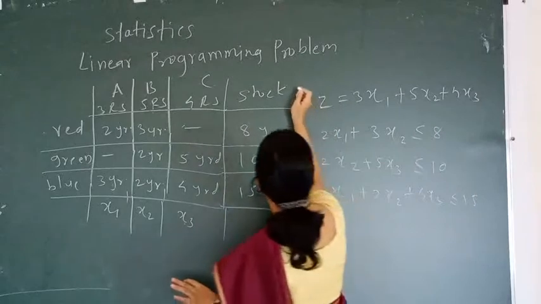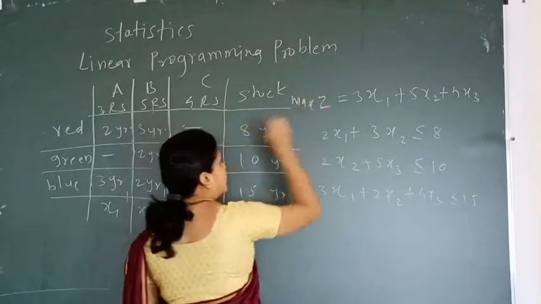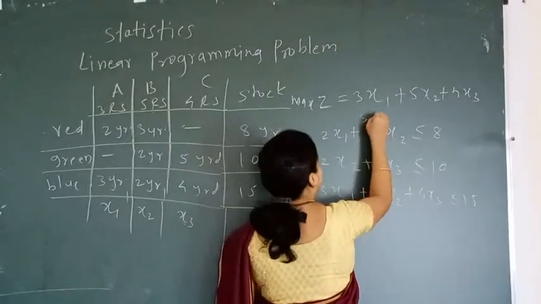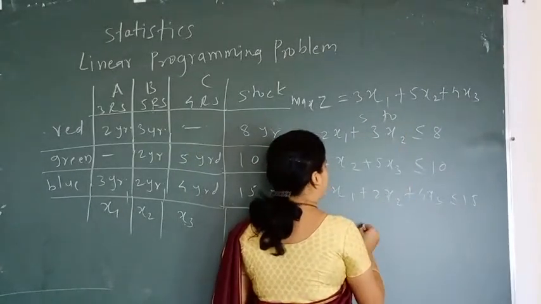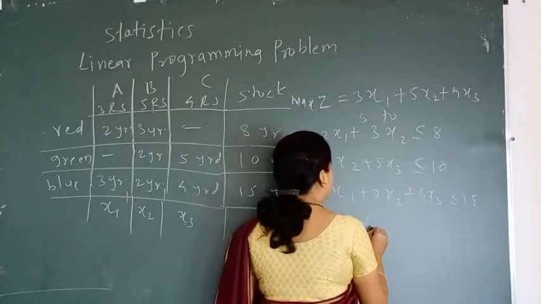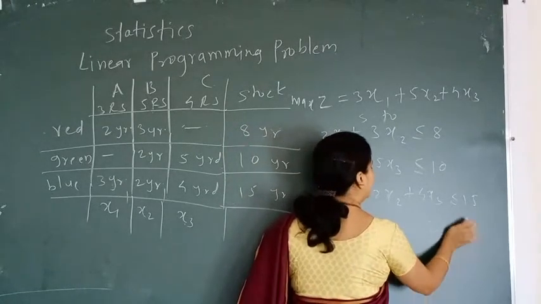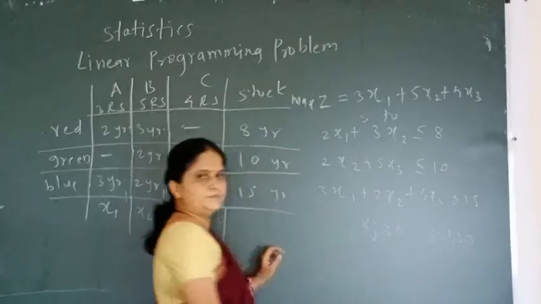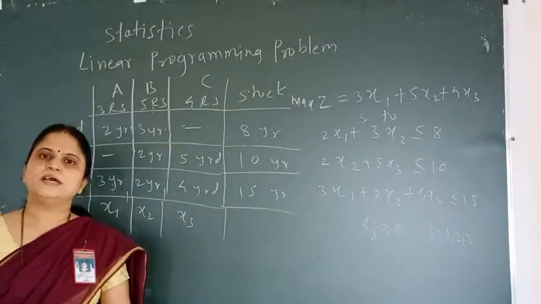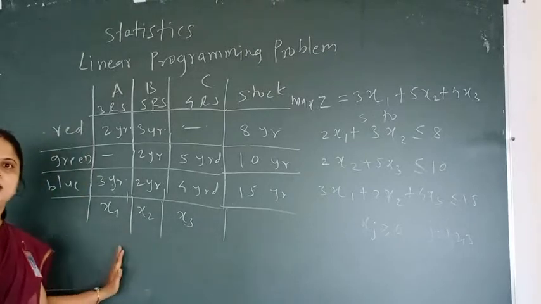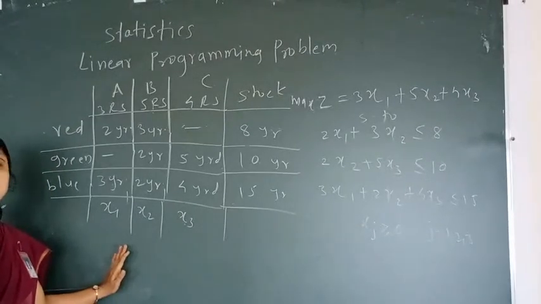So this is my objective function, and over here the objective function is to maximize Z. Fine. And these are subject to the constraint conditions and non-negative restrictions, that is xj greater than or equal to 0, where j takes the values 1, 2, 3 only. Fine. So that is my LPP, that is, linear programming problem related to my given conditions or constraints.